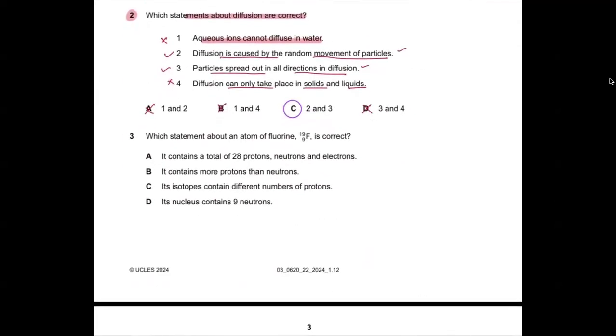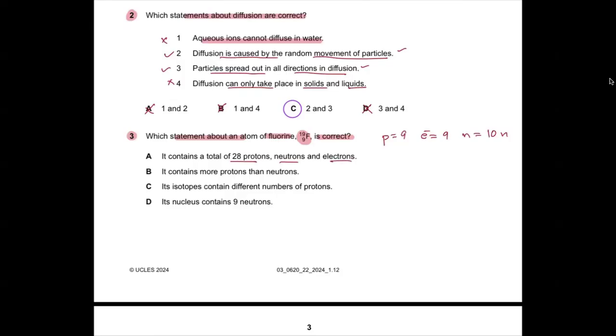Now, MCQ number 3, which statement about an atom of fluorine is correct? It contains a total of 28 protons, neutrons, and electrons. If you see, fluorine has 9 protons, 9 electrons, and 10 neutrons.